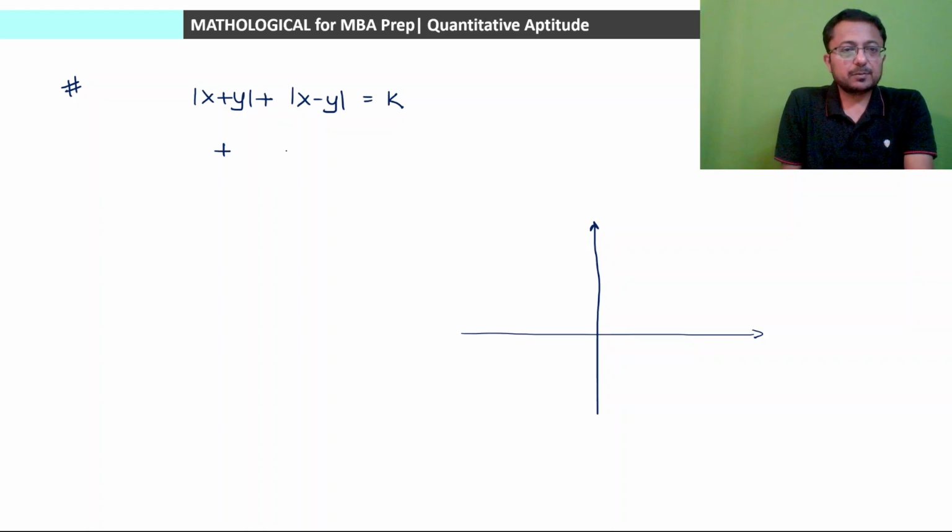In the first case, when both are positive, y will be cancelled out in the equation. This will be 2x is equal to k, or x is equal to plus k by 2. In the second scenario, if both are negative, 2x will be equal to minus k, that is, x will be equal to minus k by 2.